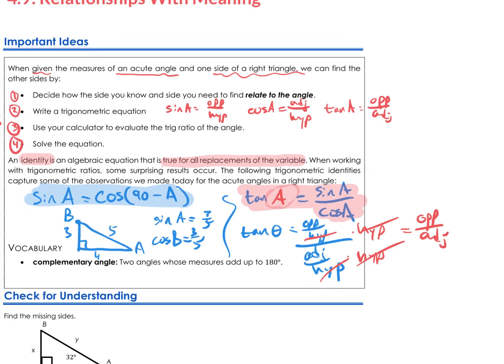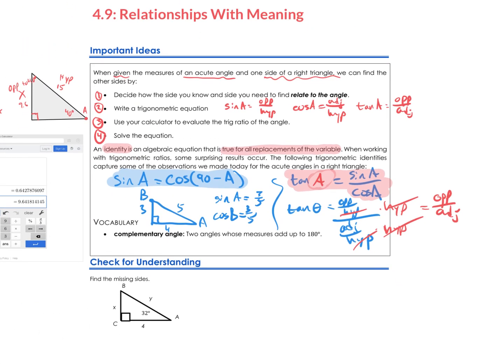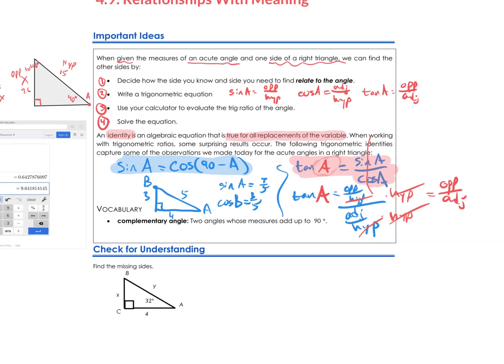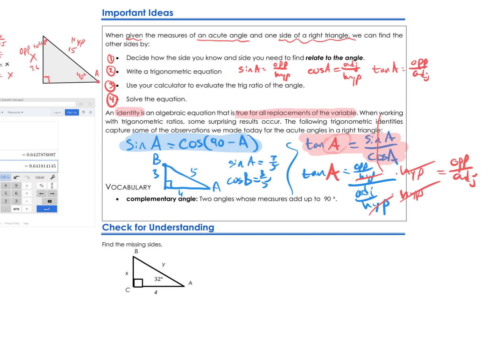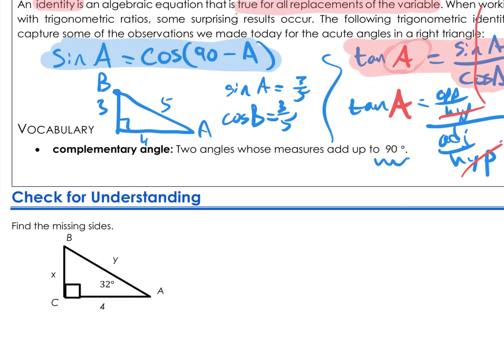The tangent of A is the sine of A over cosine. So we don't need theta in there. Just A. Okay. Sometimes you'll see theta. We'll use that a little bit, but we're talking about some angle A. So we got these angles that add up to 90. They are complementary angles, all right? Two angles whose measures add up to 90.